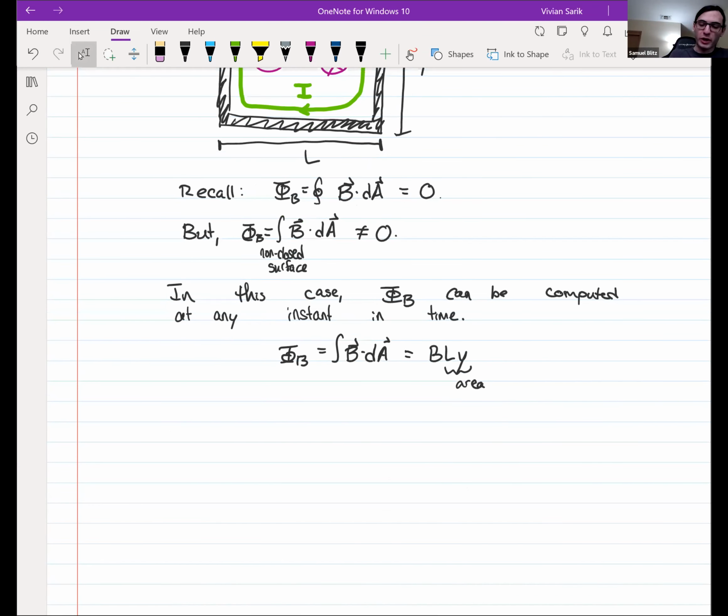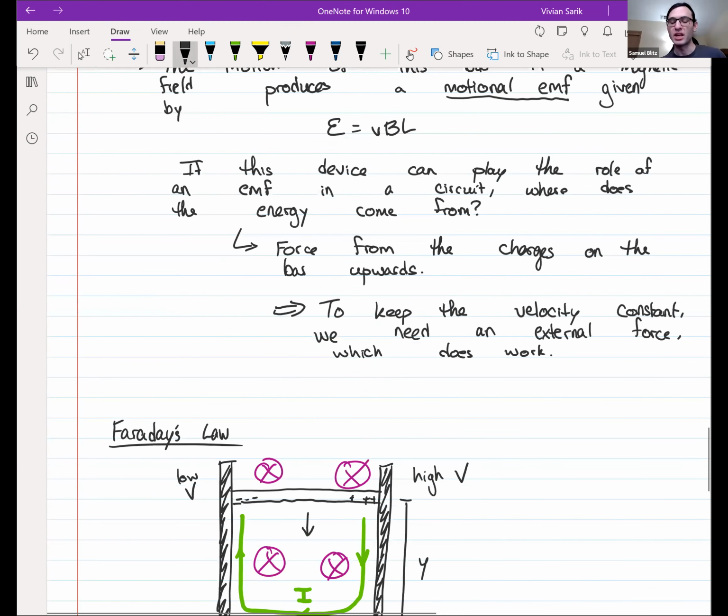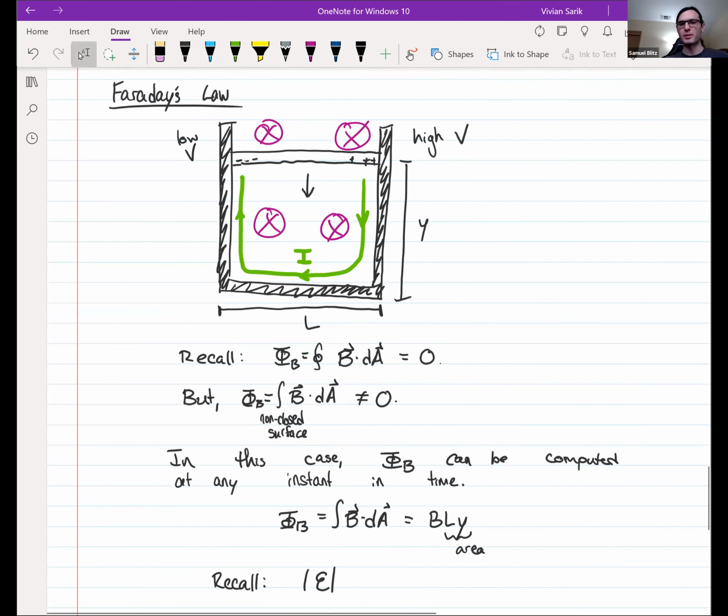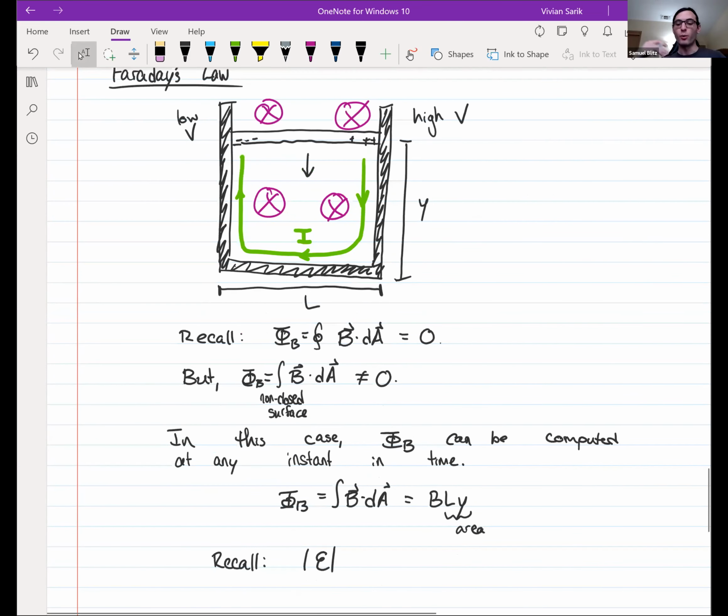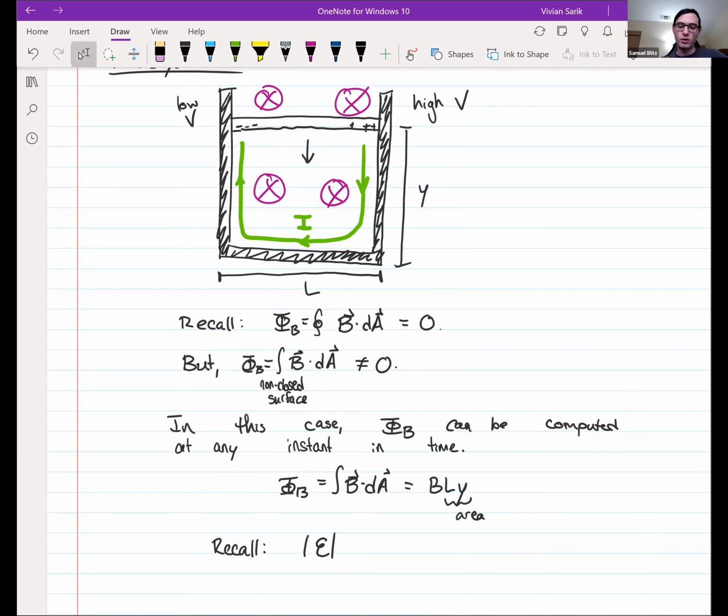And so now, as a quick reminder, in order for this to be precise, we actually have to decide what direction the area vector points in. What I'm getting at is that the magnitude of the flux is equal to B times L times Y. The area vector either points into or out of the screen, because it's in the plane of the screen, and we have to pick one.